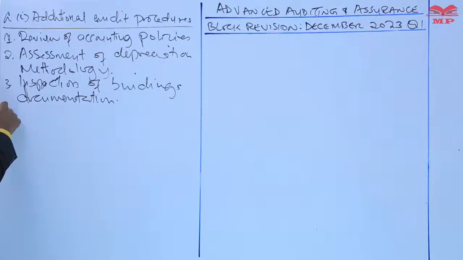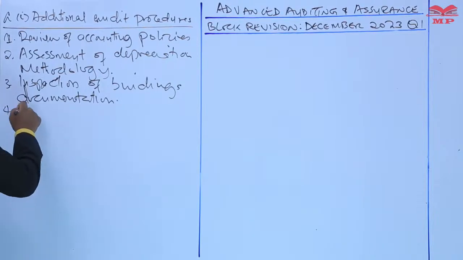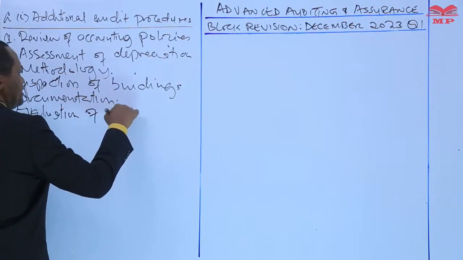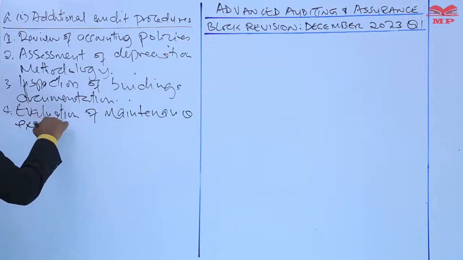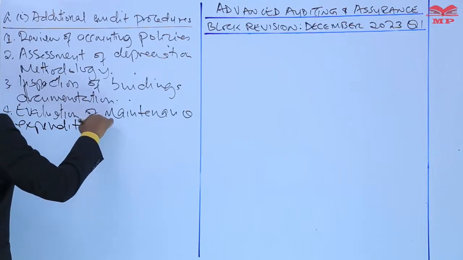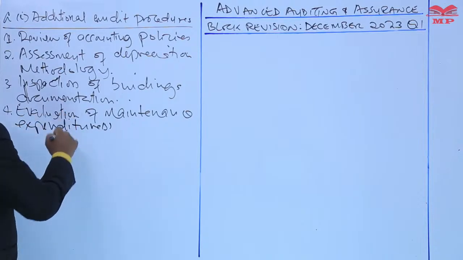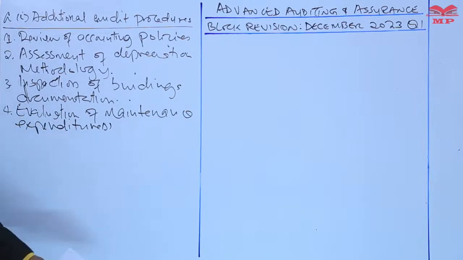The fourth audit procedure is evaluation of maintenance expenditure. You understand? Evaluation of maintenance expenditures. The auditor should evaluate the maintenance expenditures.